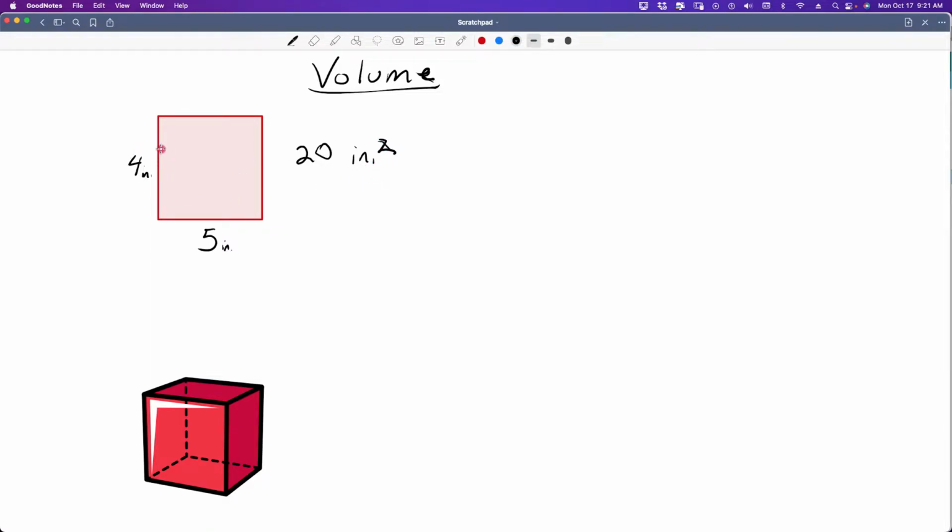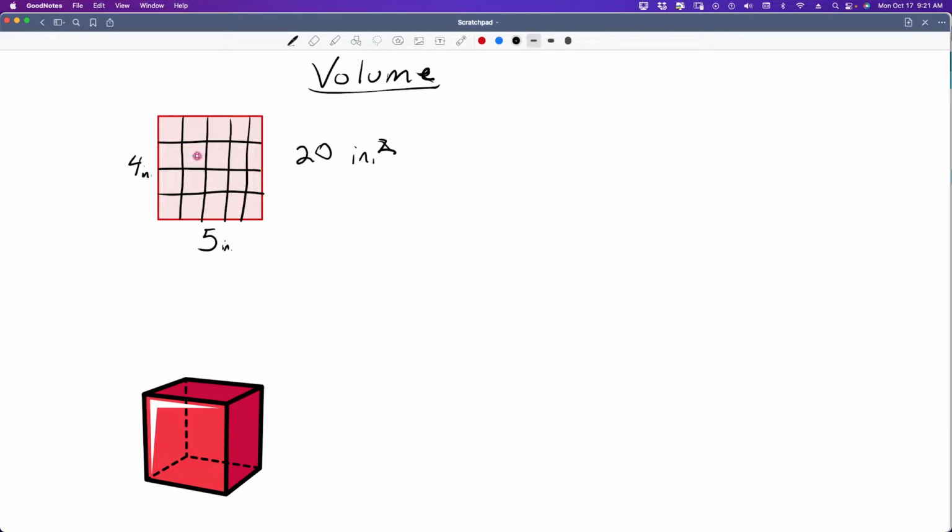And we can actually visualize that by cutting this into 4 rows this way, 4 1-inch sections here, and then 5 1-inch sections here. This is not perfect, but it's an illustration. So then you could go 5, 10, 15, 20 squares here, because squares are flats.